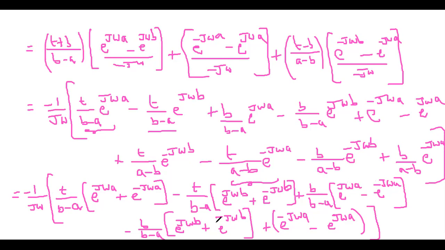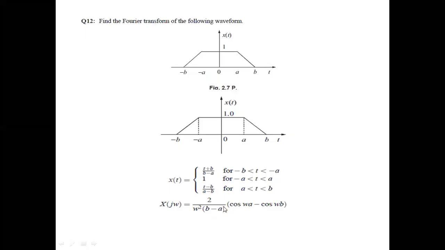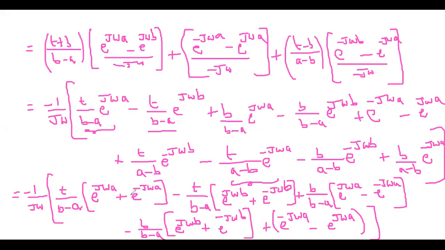And finally, we'll get in terms of this here, cos omega A minus cos omega B. See, there is no any sign. So if something went wrong, here is a cos, and here also cos, here also cos.